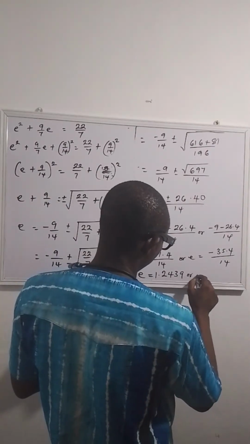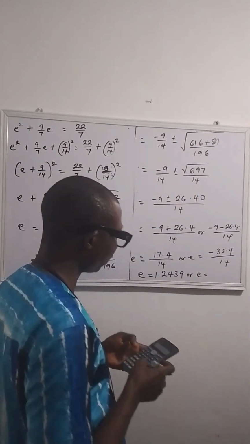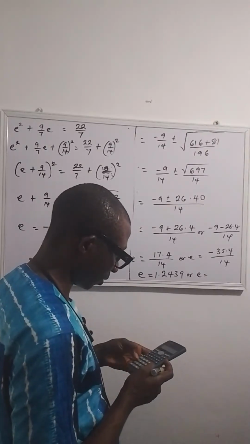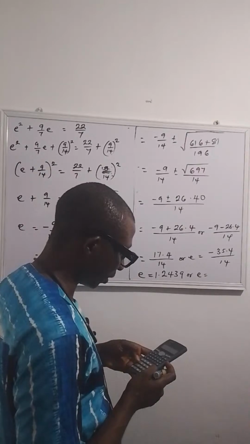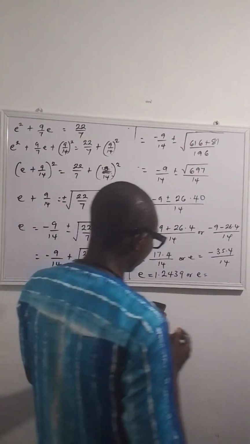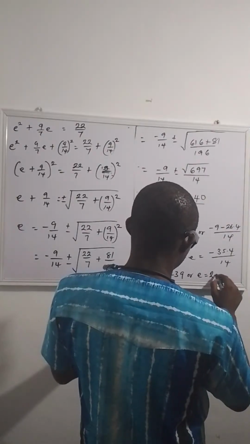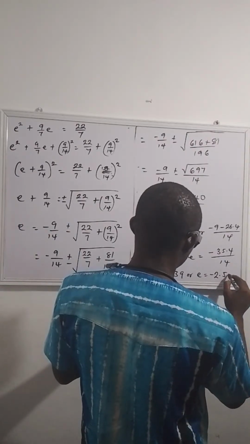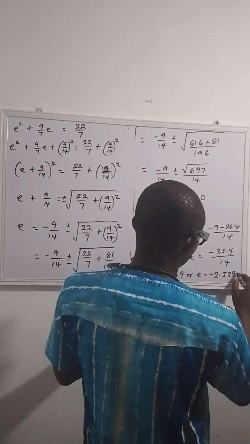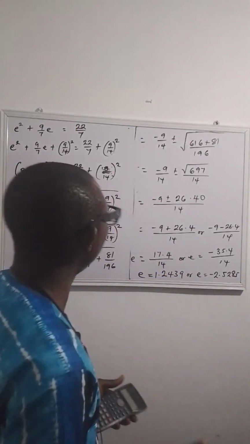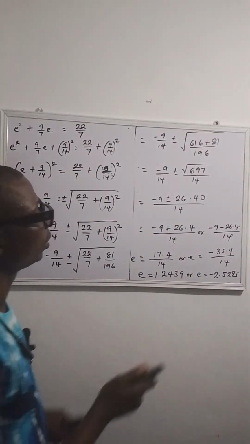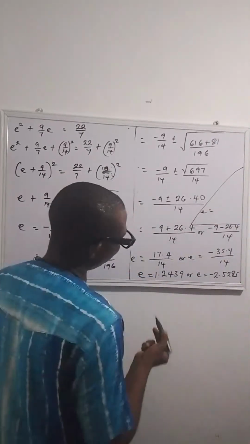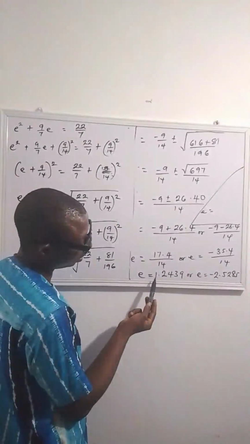1.2439, or e equals this 35.4 divided by 14. So that's going to give you minus 2.52885. Okay, so don't forget, the question asks you to correct to three significant figures. That means e will be equal to, now just count three significant digits: 1, 2, 3.